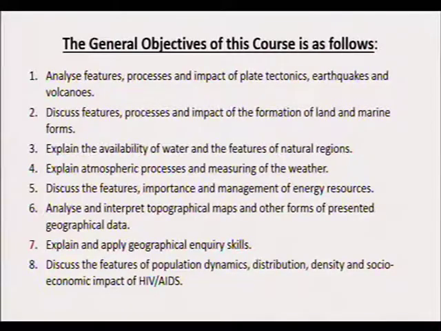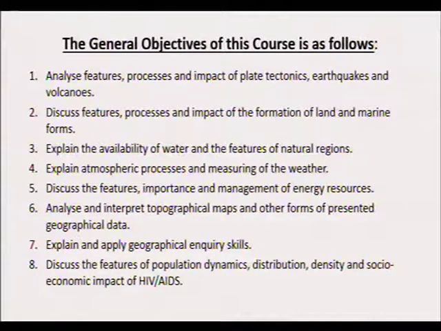Number 3 objective is to explain the availability of water and the features of natural regions. So when we are looking at natural regions, we look at regions which are climatic regions such as the tropical savanna, tropical desert, tropical rainforest, Mediterranean areas.